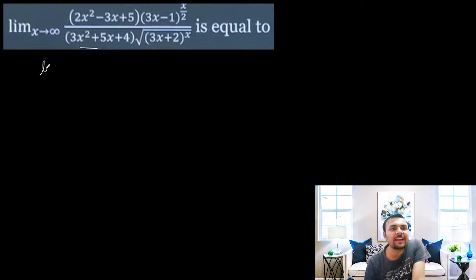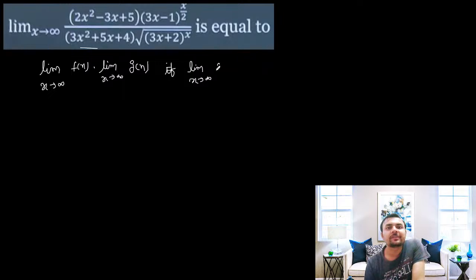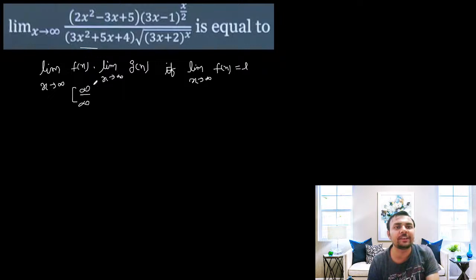We know by rule that limit x tending to infinity f(x), limit x tending to infinity g(x), if limit x tending to infinity f(x) is L. If we consider this f(x), it is nothing but infinity by infinity.